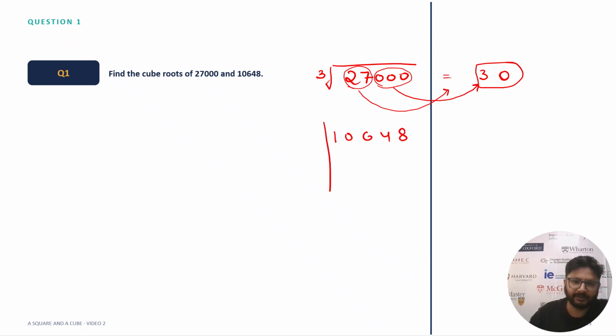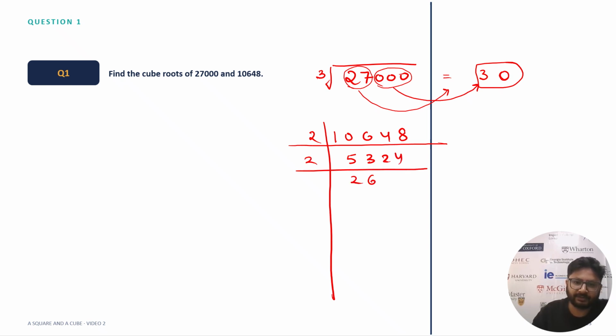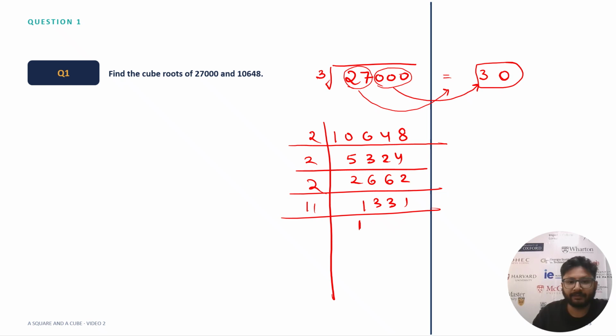Similarly, 10648. I do the prime factorization. 2, 5, 3, 2, 4, 4, 8. 2, 2, 4, 2, 6, 12, 6, 2, 1, 3, 3, 1. This is a multiple of 11. 11, 1, 11. 2, 22, 1. 11, 11. And 11, 1.